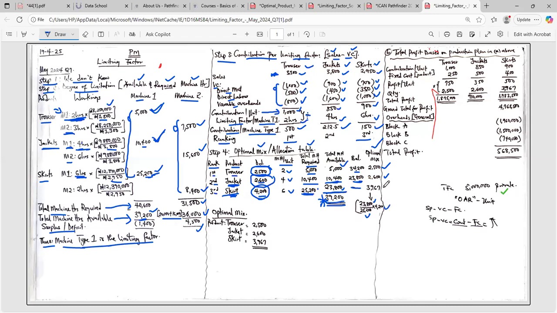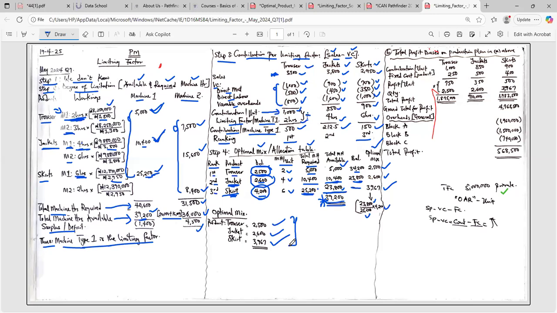And what you get is 3,967. Okay, so I told you once you get these answers, spell it out. 25 for trouser, 26 for jacket, and 3,967 for skirt. So this is your new quantity that you can produce and supply.